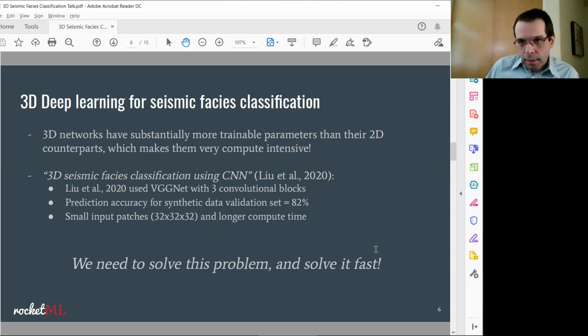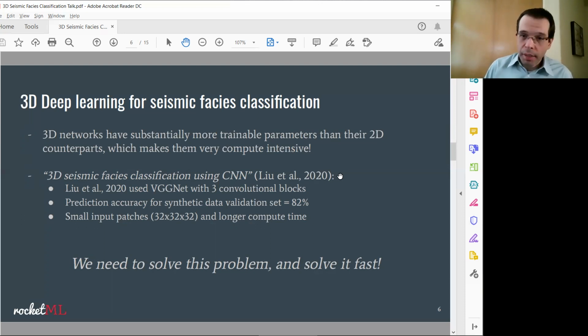The problem with those is that, like I said, they're much more expensive, much harder, and much more compute intensive to train, with way more trainable parameters than their 2D counterparts. But nevertheless, in the last couple of years, there have been some attempts to do it in 3D, like this paper from last year, where the authors used a VGG net, a relatively small 3D network with 3 convolutional blocks, and obtained a pretty encouraging validation data set accuracy of 82%.